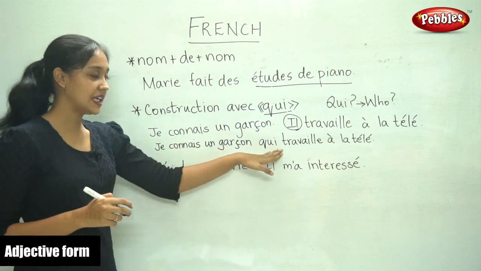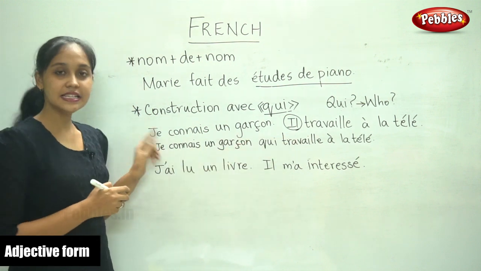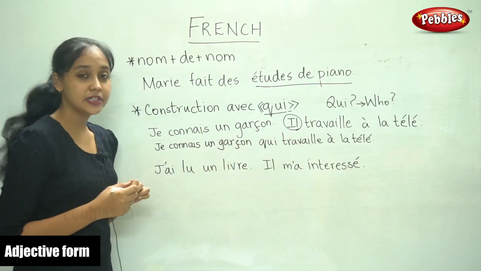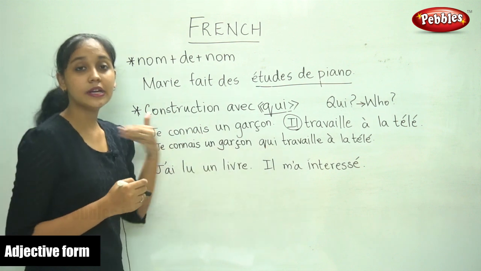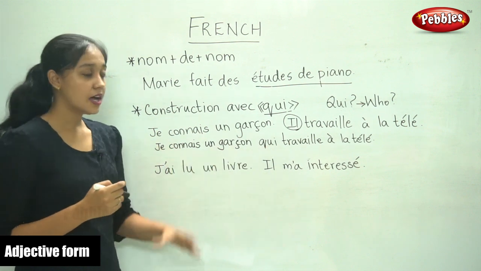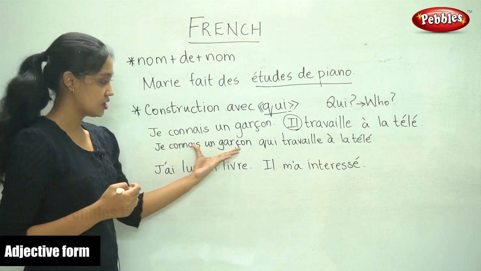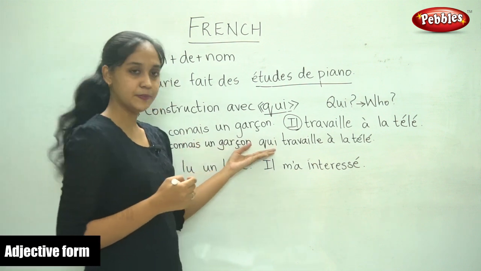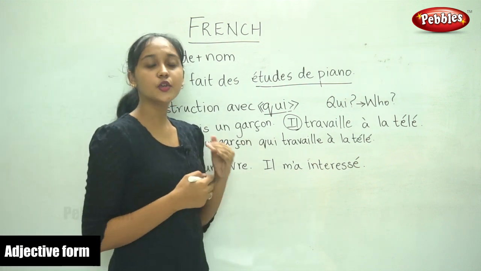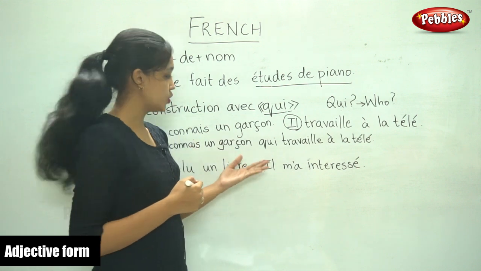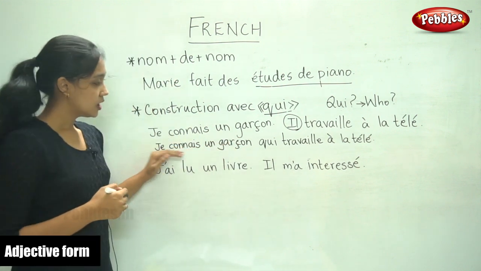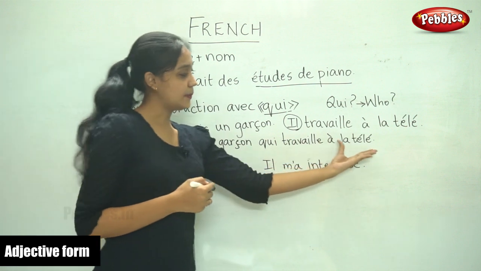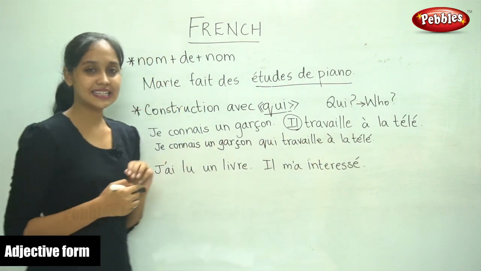So we used qui to make it a single sentence, and by doing this we were able to characterize a person or a place. So that is the idea here. Pour caractériser une personne ou une chose. So we characterized the person using qui.